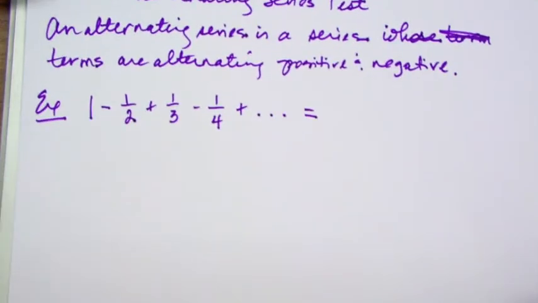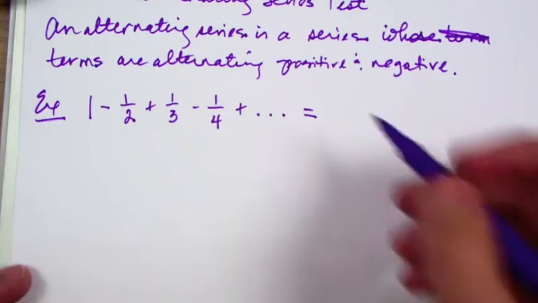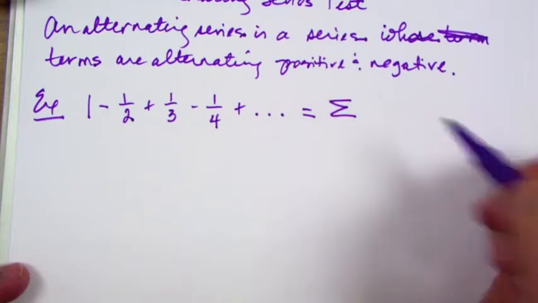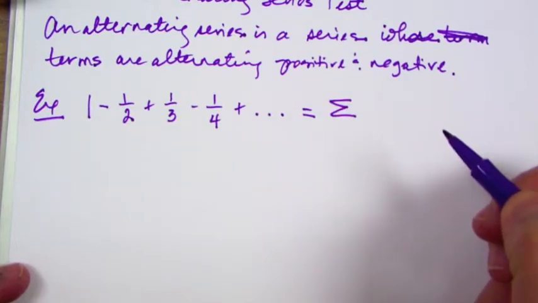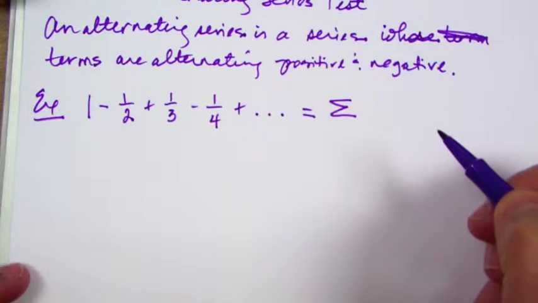All right, that alternates, right? Yes. Positive, negative, positive, negative. So help me write the series that describes what's happening. The sequence is alternating between positive and negative, not necessarily the sum.